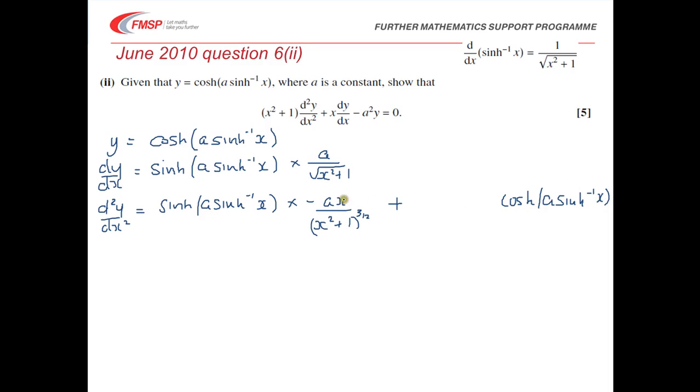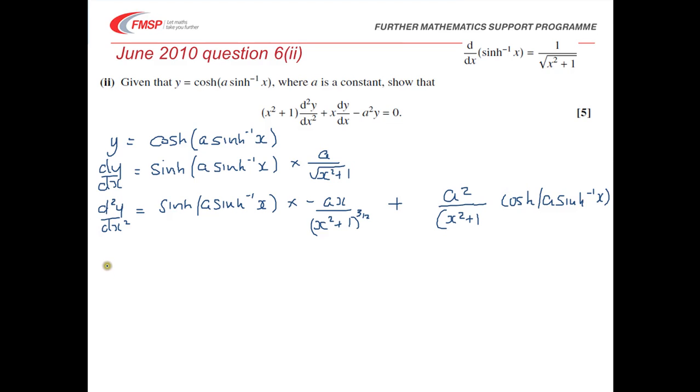But we already have an a over the square root of x squared plus 1, so that's going to give us a squared over x squared plus 1. So now we've got y, we've got dy by dx, and we've got d2y by dx squared.